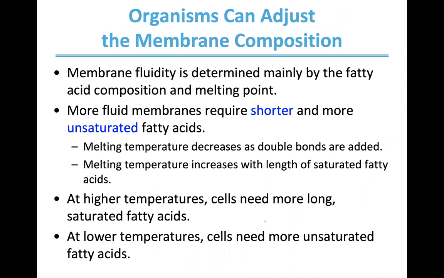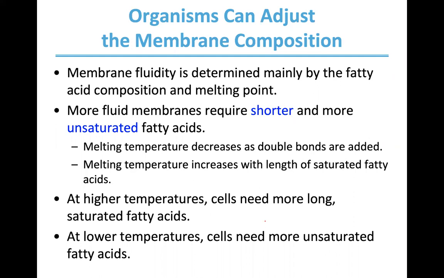So in general, we talked about how the structure of fatty acids can change melting points and can change how fluid the cell membranes are. We know that cell membranes will be fluid if they have shorter fatty acids. Remember, it's all about intermolecular interaction.